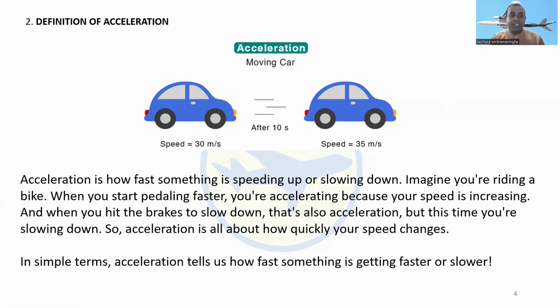Imagine you are riding a bike. When you start pedaling faster, you are accelerating because your speed is increasing. But when you hit the bike brakes to slow down, that's also a kind of acceleration, but this time you are slowing down.